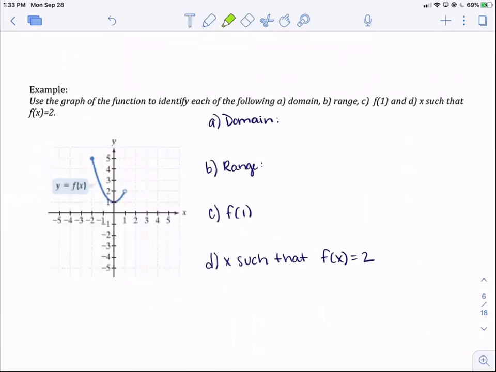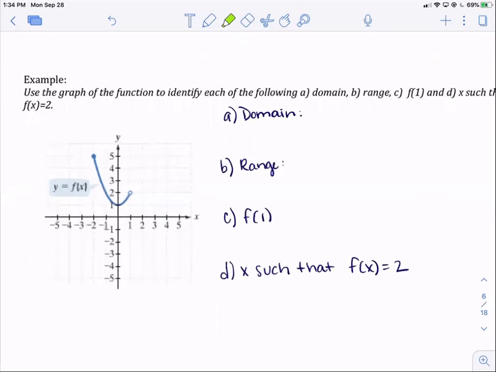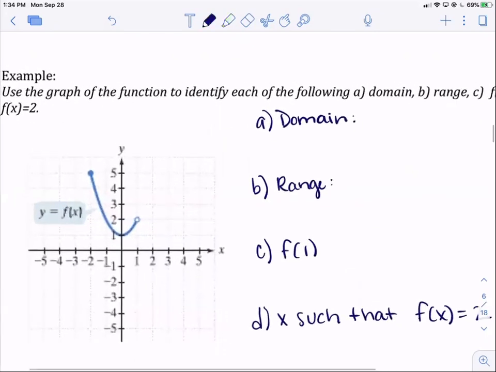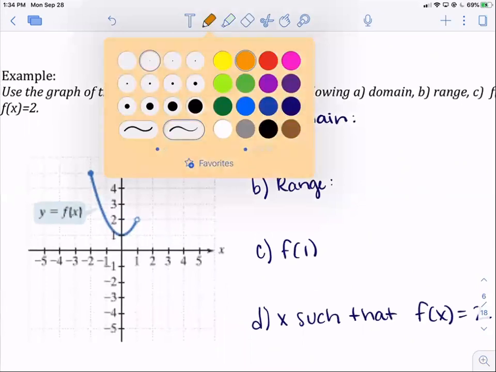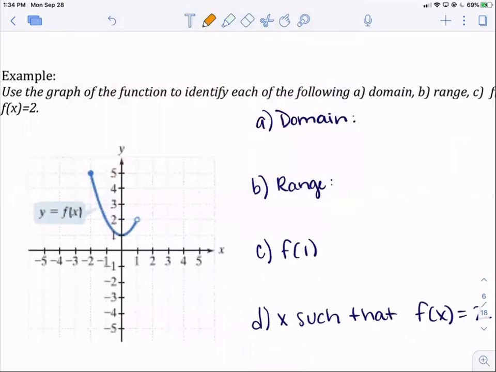On the next page, we're going to use the graph of the function to identify each of the following. First thing we want to find is the domain. If we look at this graph, I'm going to zoom it in a little bit. We go to the far left, and just for notes, I'm going to draw a line.